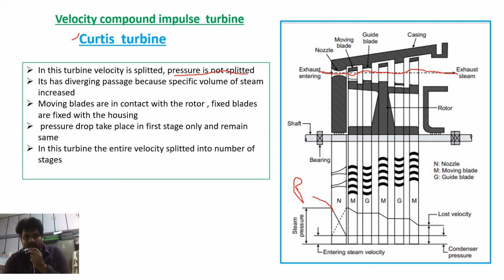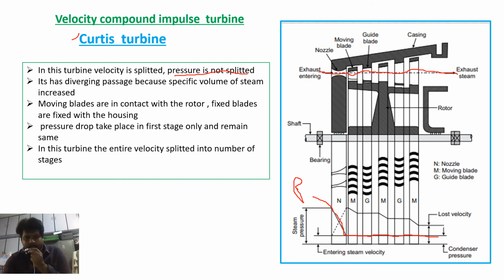So from the moving blade, it will enter into the guiding blade. As we know, the function of the guiding blade is that it just guides the passage flow of the steam. So there is no change in the pressure. So it keeps moving from the moving blade to the guiding blade, and here the pressure is constant.